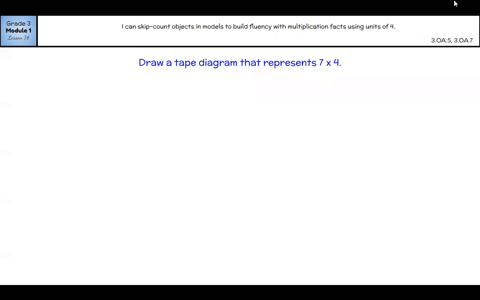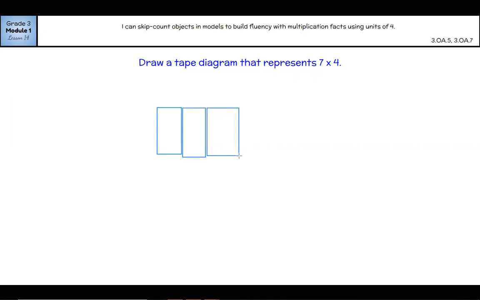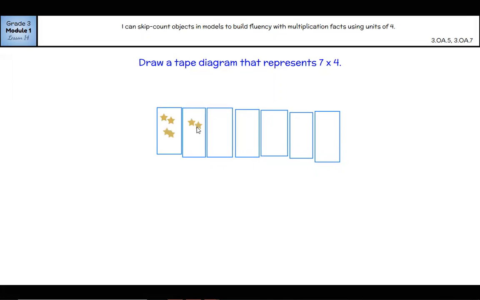Okay, if I were to draw a tape diagram that represents 7 times 4, I think of that like 7 groups of 4, okay? So remember, my tape diagram has my separate sections. 1, 2, 3, 4, 5, 6, 7. So it has 7 groups, and it has 4 in each group.